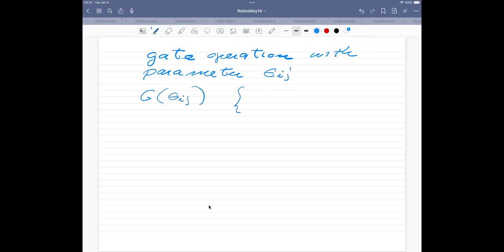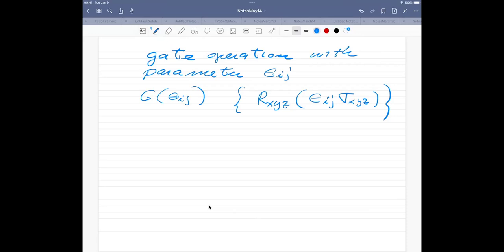The typical way this is done is that this is one of these rotation matrices, Rx, Ry, Rz, where we have a function of some angle theta ij, and this is then multiplied with one of the Pauli matrices, which we can just write as X, Y, Z here. So we are coming back to the explicit form of these types of gates.